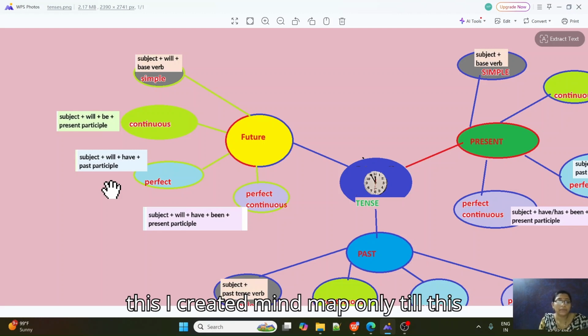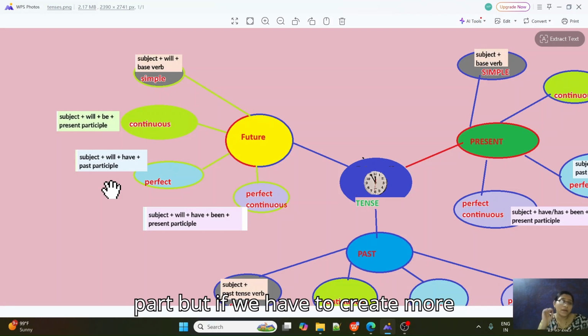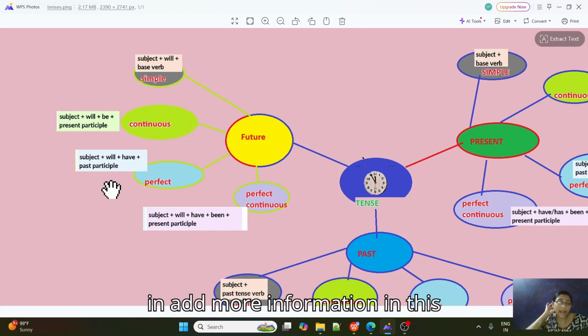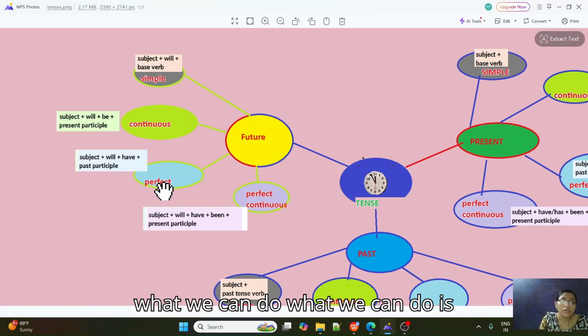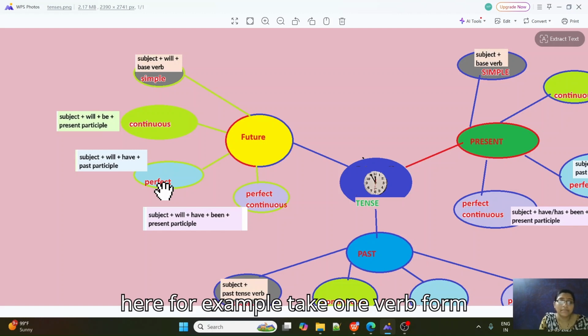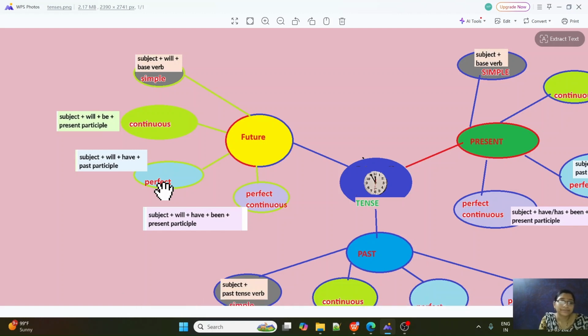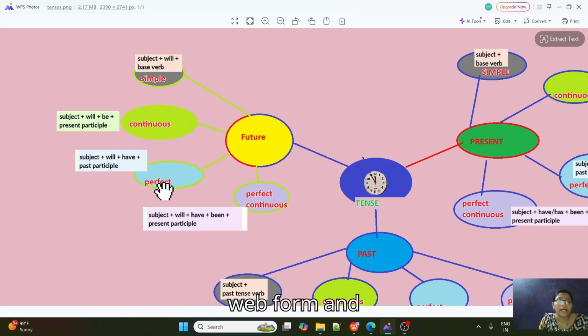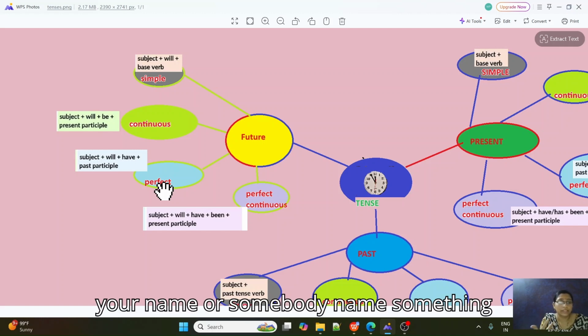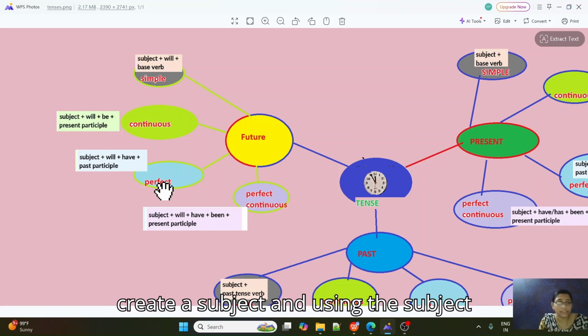I created the mind map only till this part, but if we want to add more information, what can we do? We can simply add examples here. For example, take one verb like running, eating, sleeping, something like that. Take any verb and create a subject, your name or somebody's name.